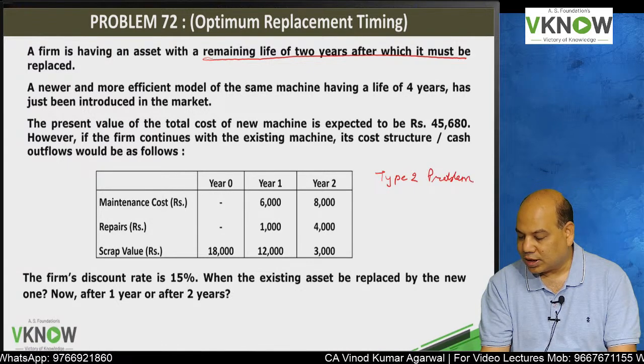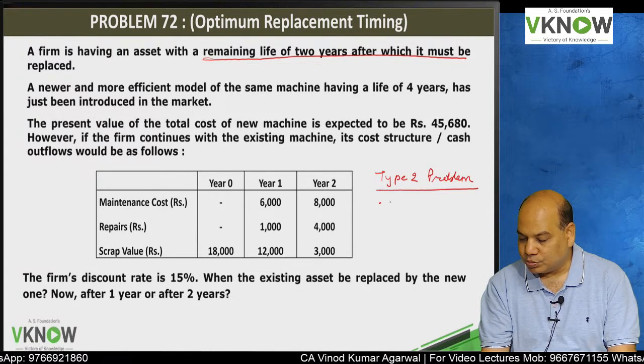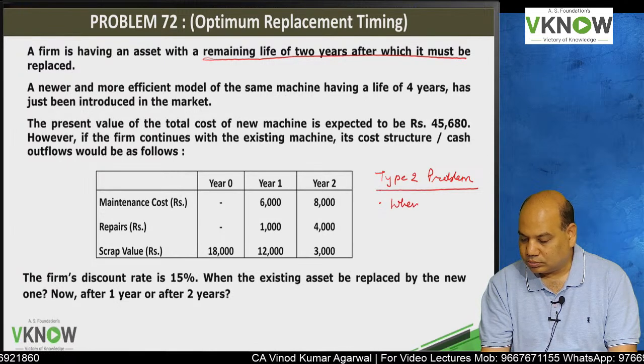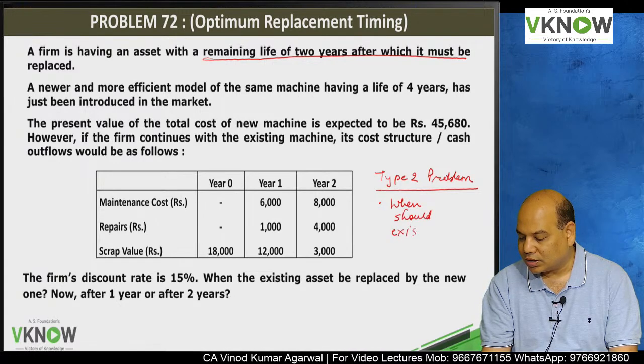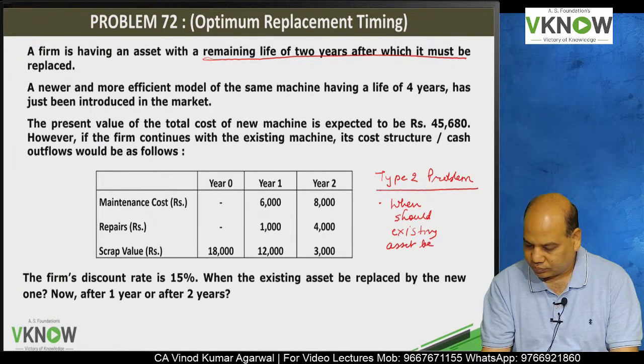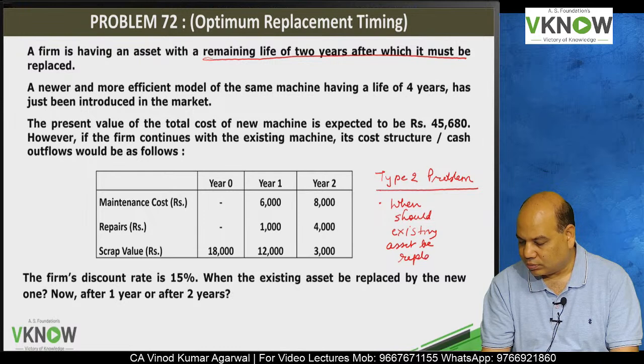The previous one was a type 1 problem. Type 2 problem is when should an existing asset be replaced by a new one.